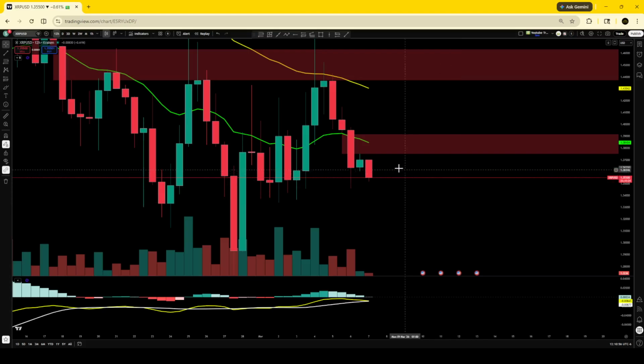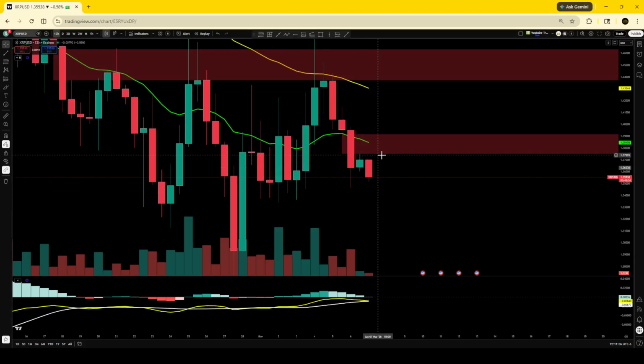You have the open. For this green candle, this bottom piece right here is technically the open. You have the high, which is up here. You have the low, which is right here. And then you have the close, which is right up here.